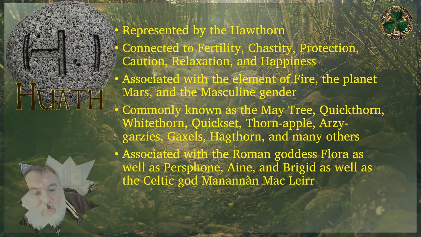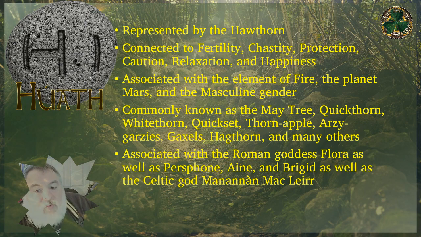Next we have the next aicme. So those first five characters were the first aicme. Now restarting with the second one with Huath, the letter H, represented by the hawthorn, connected to fertility, chastity, protection, caution, relaxation, and happiness. Associated with the element of fire, the planet Mars, and the masculine gender.